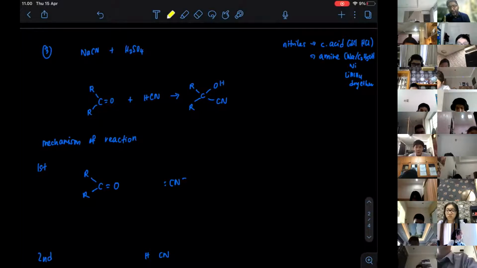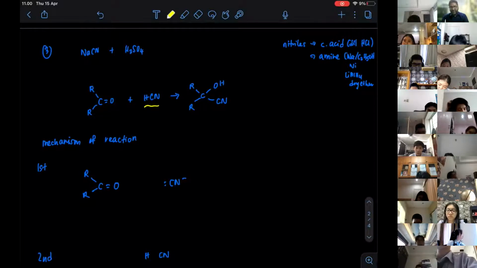Now in this chapter, we are only going to learn the reaction of aldehyde and ketone with only one thing. For alcohol and so on, we have learned many things, but the reaction with aldehyde and ketone in your syllabus is limited. The reaction is only with HCN, and this HCN is produced in situ. I hope you remember the meaning of in situ: you put it in the same reaction vessel.